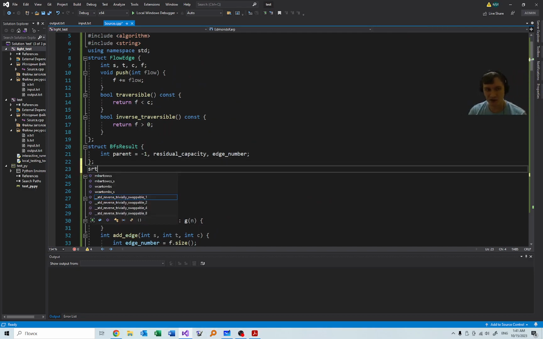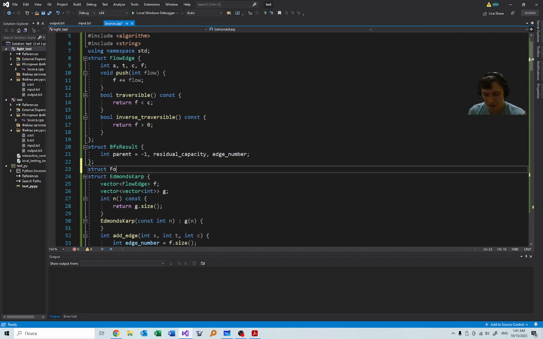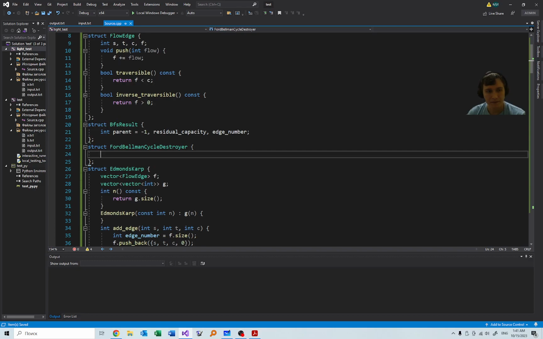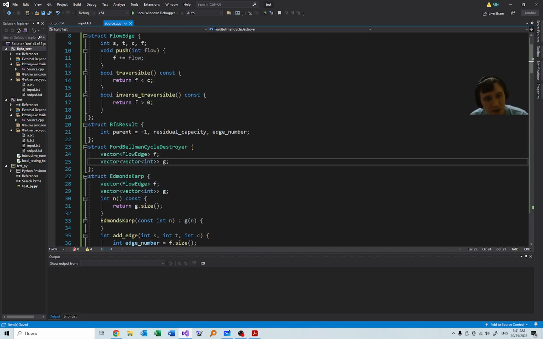So let's call it struct Ford-Bellman cycle destroyer. What does it do? It kinda has the same vibe, low edge F, but this time I will only. Okay, never mind.